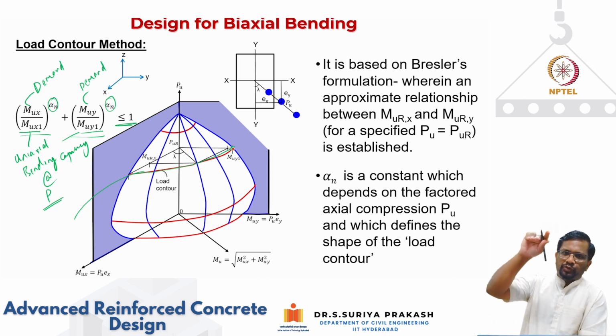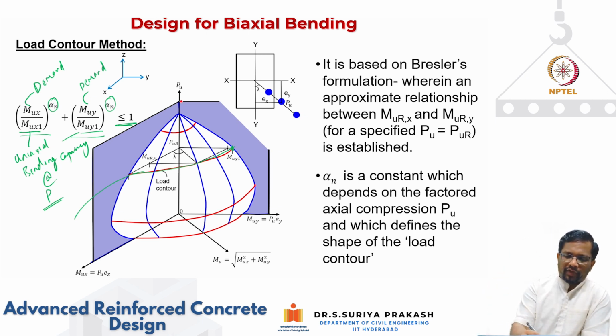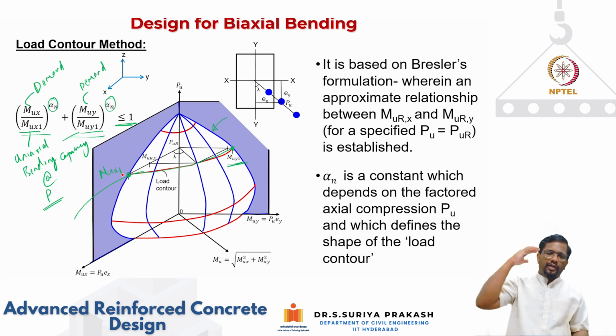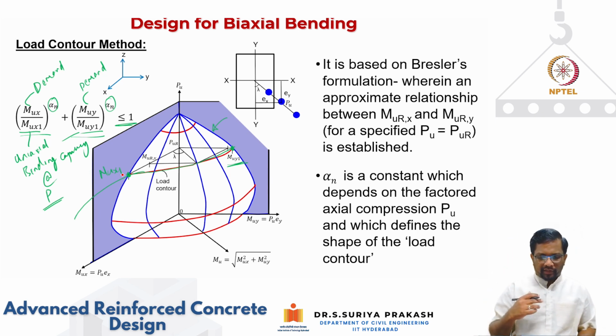Muy1 is a uniaxial bending moment capacity, which we can get from your uniaxial bending moment interaction curve. But you have to choose the value of P. So this is your Muy1. Similarly, at this level of Pu, whatever you get is your Mux1. So these are uniaxial bending moment capacities at the particular level of your axial compression.